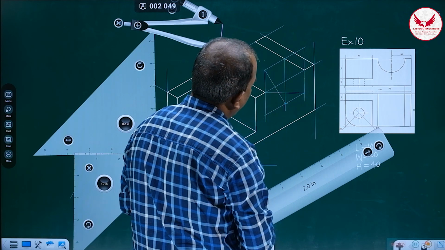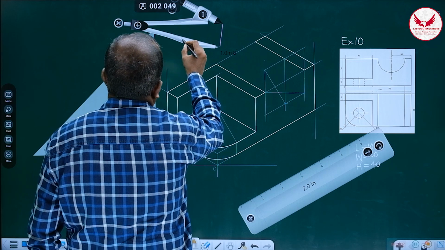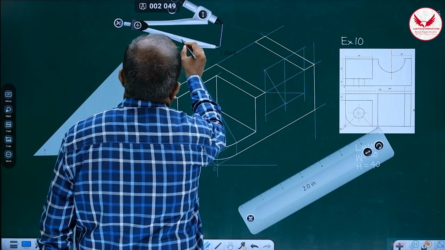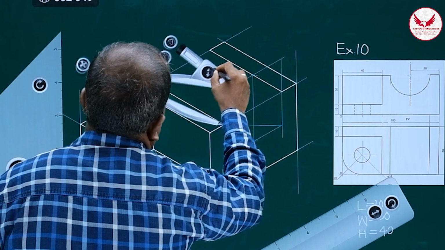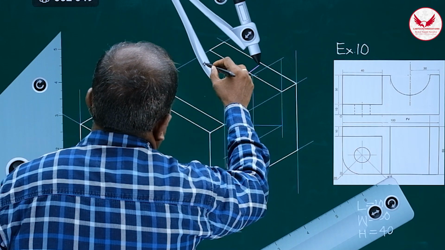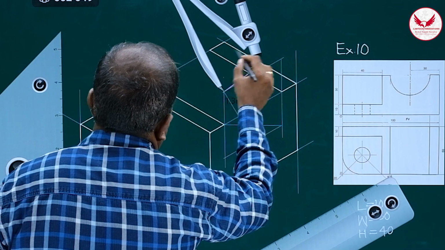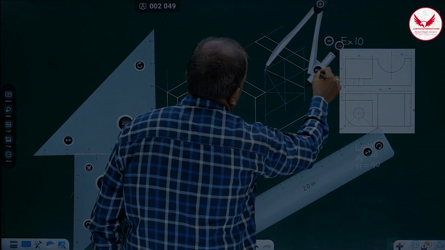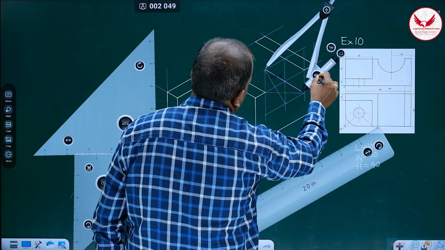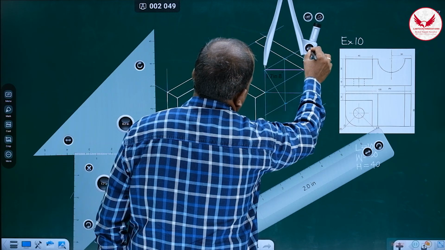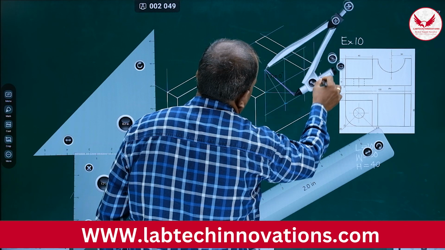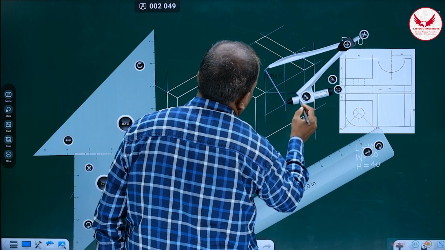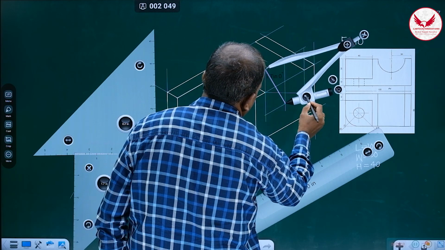These two centers will be used, and with these two centers we can mark the distance equal to the midpoint of the opposite side. This is going to be the distance, and if I mark the arc, it must match with this.